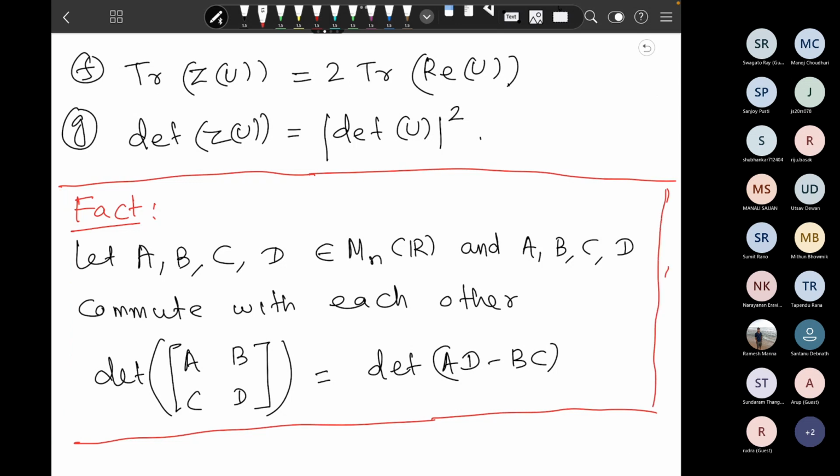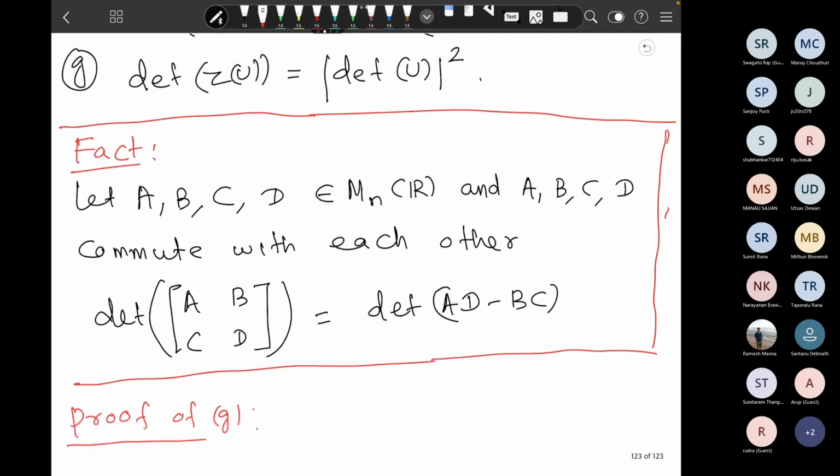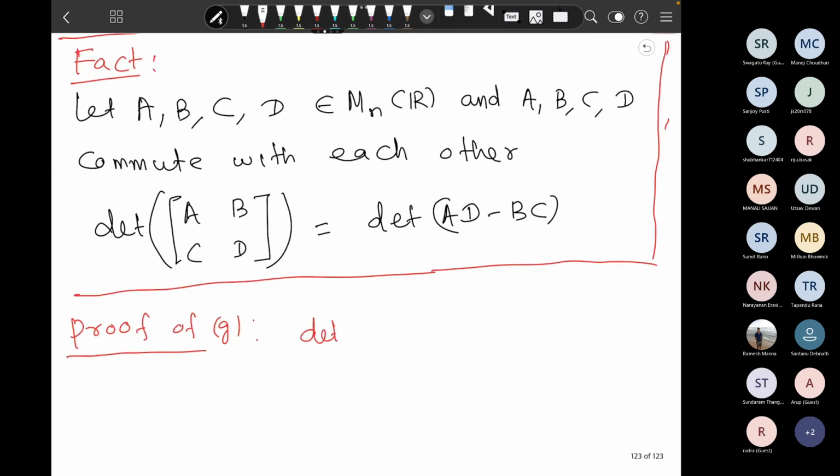Now I want to give the proof of G. What was G? G was this statement: the determinant of ZU is equal to the determinant of U square, in modulus.